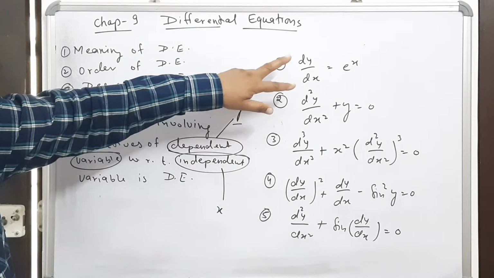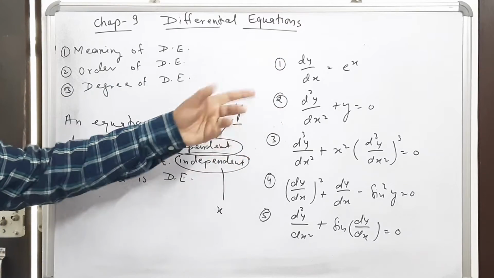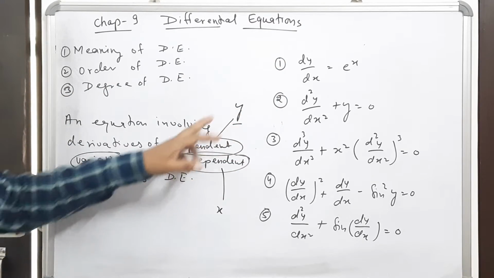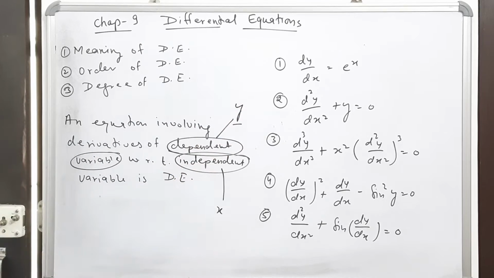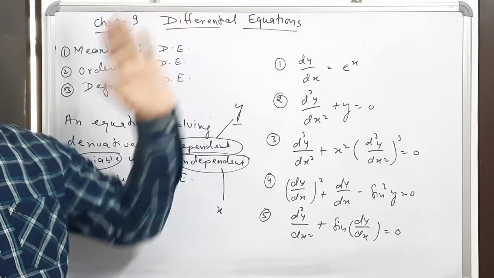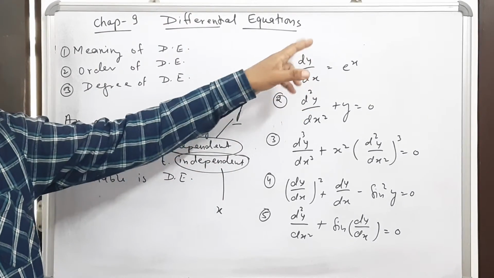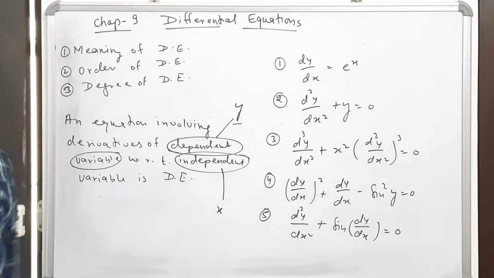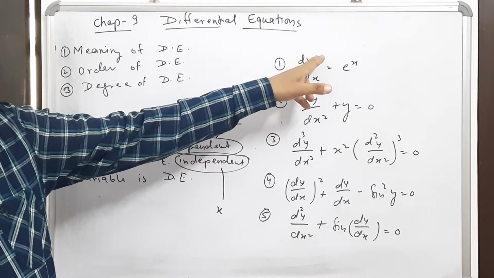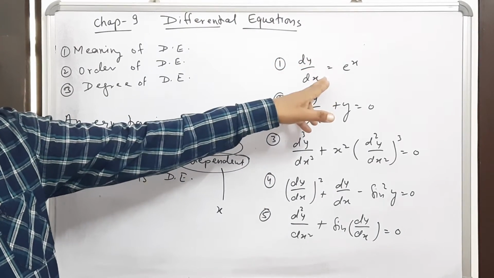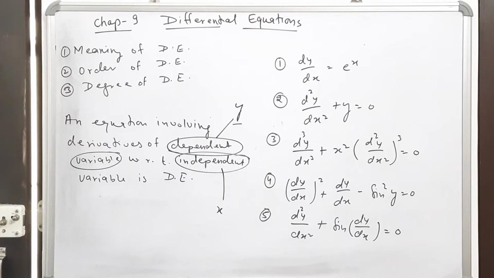If I write this as dx by dy, then x will be the dependent variable and y will be the independent variable. It is not necessary that y will always be the dependent variable. There can be du by dx, there can be dt by dx, there can be any. But whatever variable is here, that will be dependent, and whatever variable is here, that will be independent.